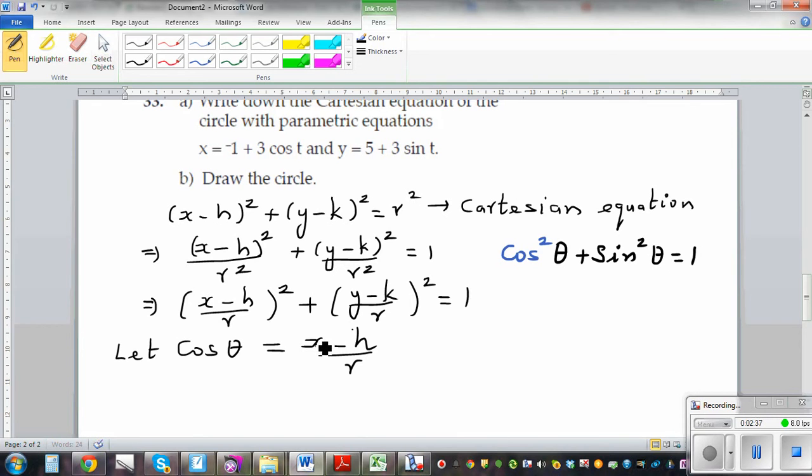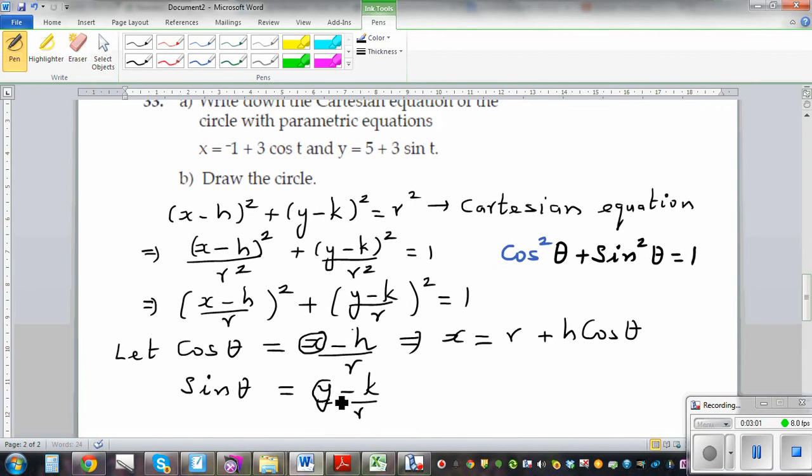If you make x the subject, x is equal to h plus r cos theta. And if you let sine theta be equal to (y minus k) over r, and make y the subject, this implies y is equal to k plus r sine theta.